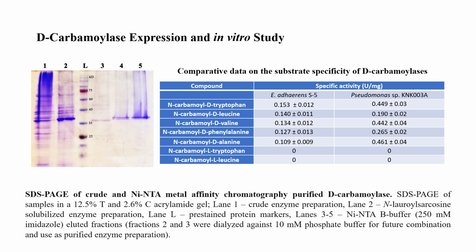As predicted, the enzyme showed clear activity against these substrates, but no activity against L forms, confirming its stereospecificity. Moreover, it was active toward both aromatic and aliphatic substrates, which nicely aligned with our in silico findings.